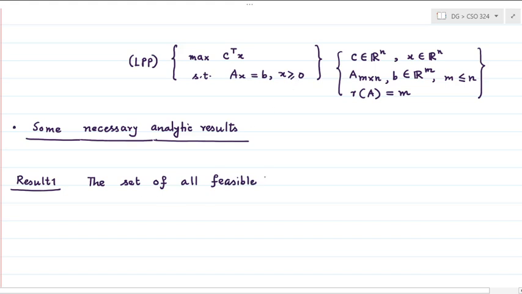That means the set of all feasible solutions, by that I mean this set, that is x belonging to Rn such that x is satisfying Ax equals b together with x greater than or equal to 0. Fine. This set is a convex set.